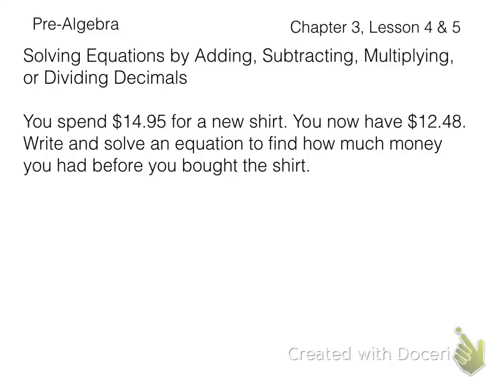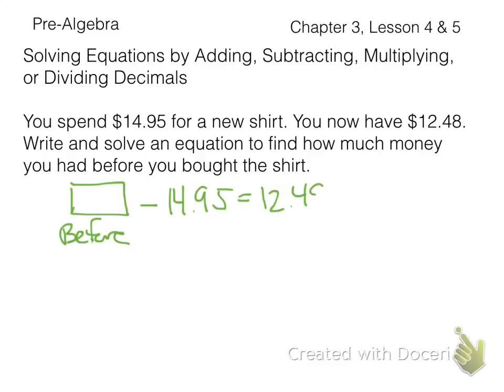All right, so word problem. You spend $14.95 on a new shirt. You now have $12.48. This is very much like the previous problem. How much did you have before you bought the shirt? So the amount you have before, minus the amount you spent on the shirt, is going to equal the amount you have after you bought the shirt. So you basically have x minus 14.95 is equal to 12.48.